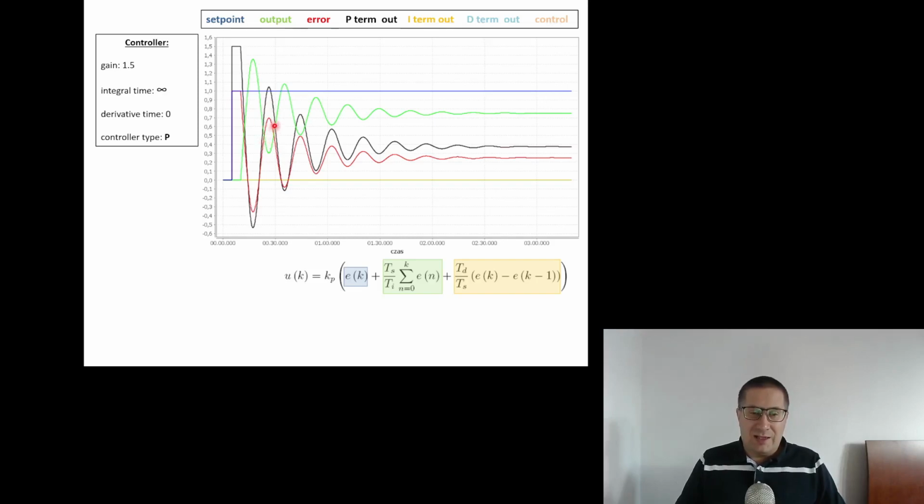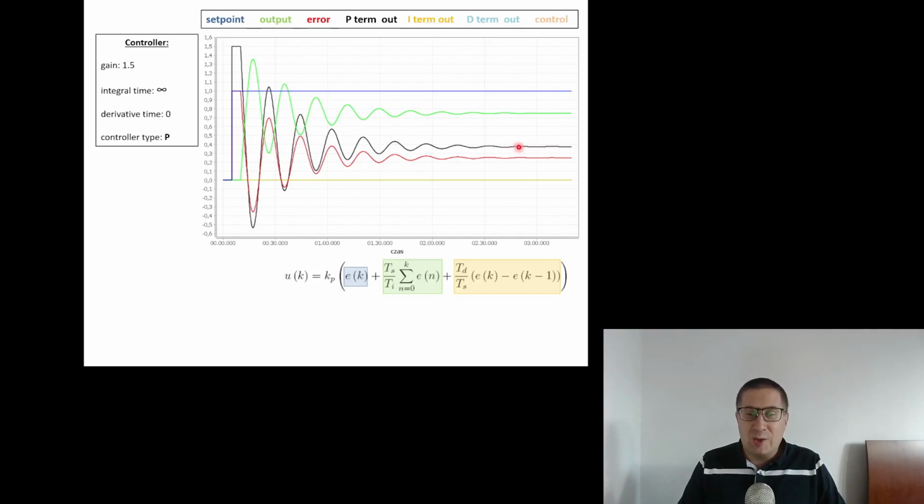So after a while, the output value is increasing, is even higher than the set point. So we have to really press the brake pedal and send negative values of the control signal to the plant. So we are oscillating this way until we reach the new steady state, which is here. So it's better than the previous example.